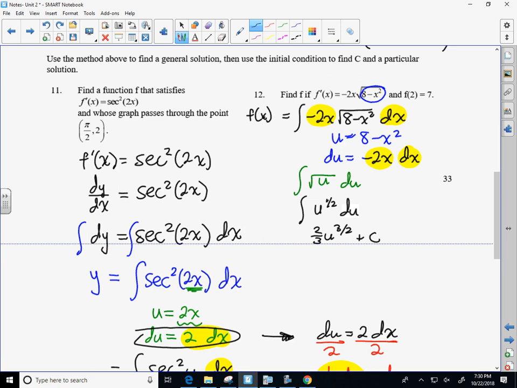All right. The u itself is equal to 8 minus x squared. So 2/3 times 8 minus x squared, to the 3/2, plus c. I lost the exponent, thanks. The only way this differs from what we were working on is that I now need to find the plus c.